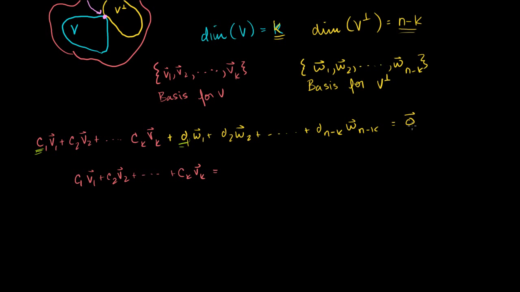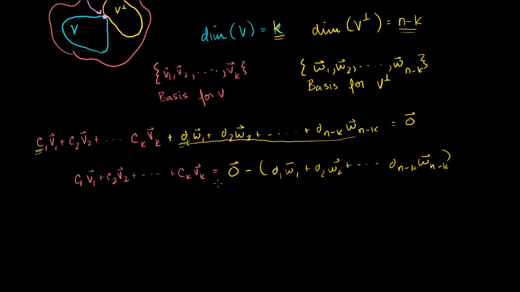It's going to be equal to the 0 vector minus d1 w1 plus d2 w2 plus all the way to dn minus k wn minus k. All I did is I subtracted these terms right here from both sides of this equation.